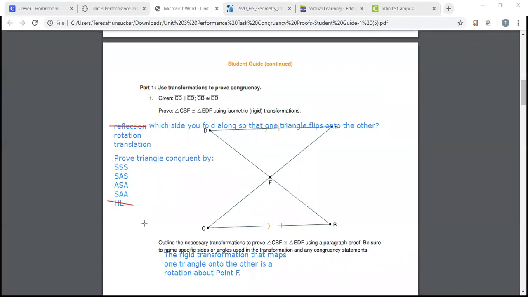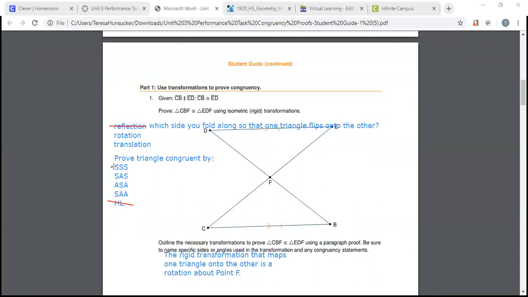We don't have right triangles, so we can rule that out, okay? So far, we have one pair of sides congruent, right? So how do we show that we have more than one pair of sides congruent? Well, there isn't really a way to do that, okay?